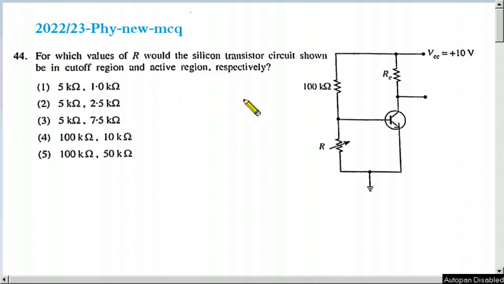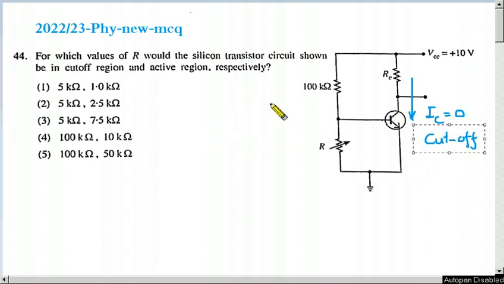So children, what is the cutoff region? We call it cutoff region if there is no collector current in this transistor. If IC is 0, we call the circuit at cutoff region or cutoff state.